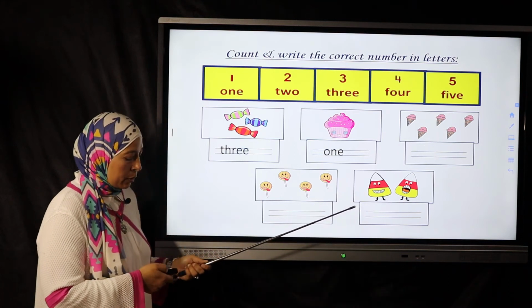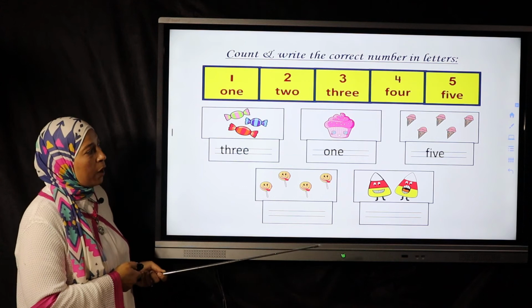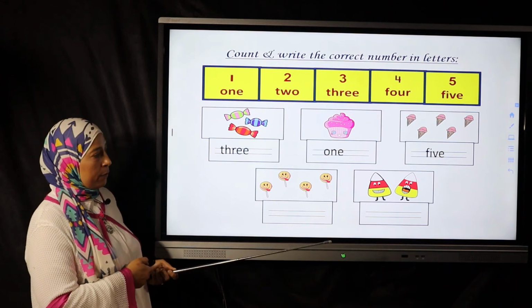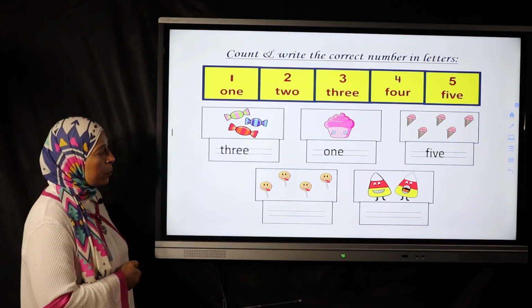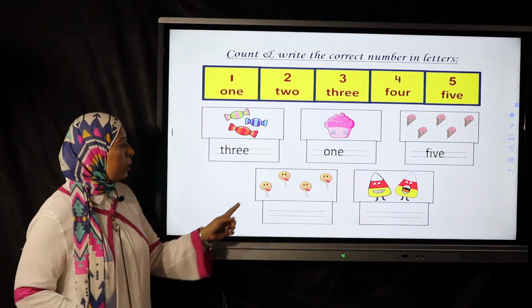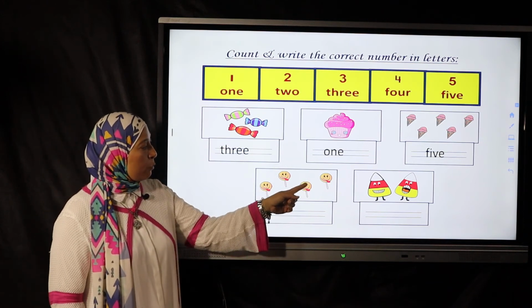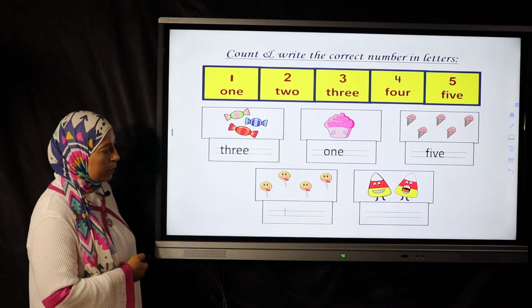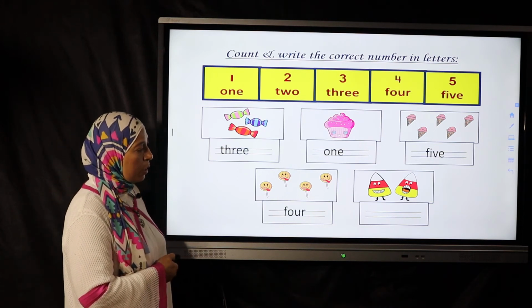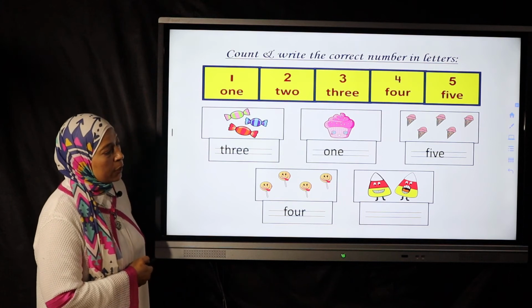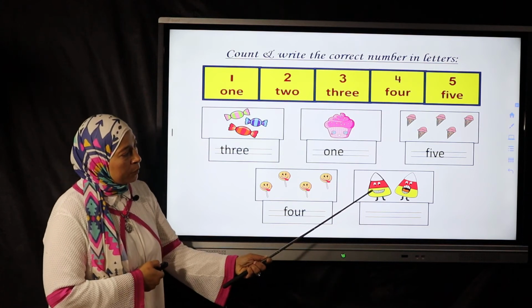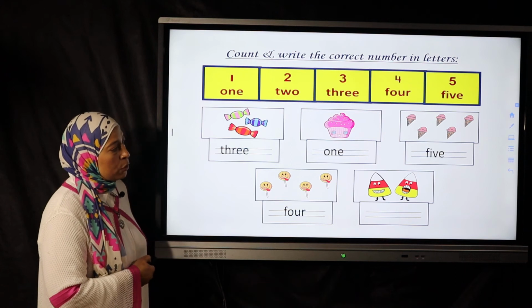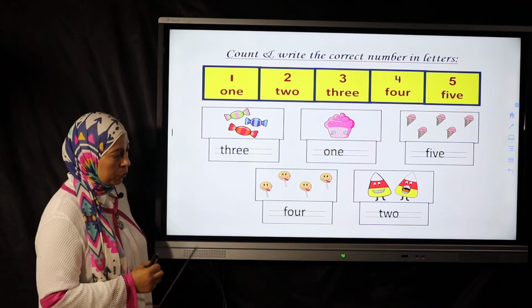Okay, so we're going to write number 5. Yes, 5. Okay, how many lollipops? Okay, we have only 1, 2, 3, and 4. So we're going to write number 4. And the last one, how many? 1, 2. So we're going to write number 2.